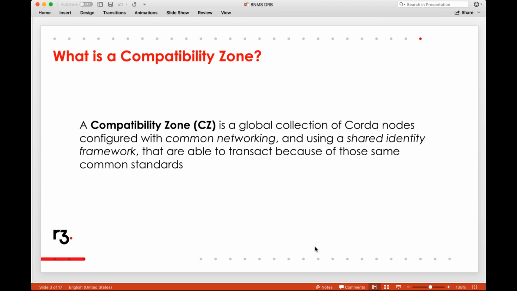So the certificate authority also lives on the compatibility zone level, and that's what defines the identity, which has to be shared between all the nodes. These two examples are good examples of the minimal technical standards, without even touching the ability for the nodes to transact with each other, just the technical compatibility of the nodes.